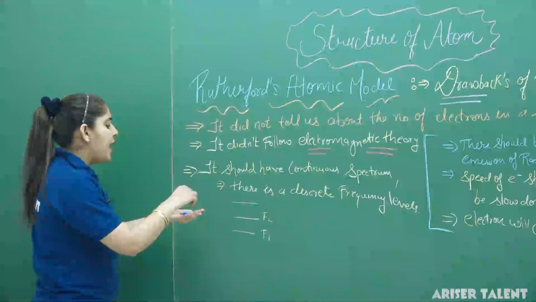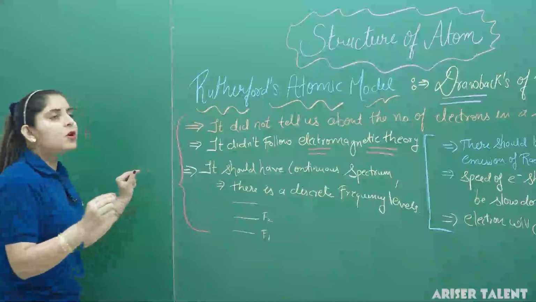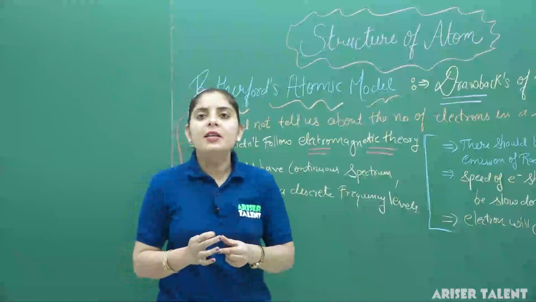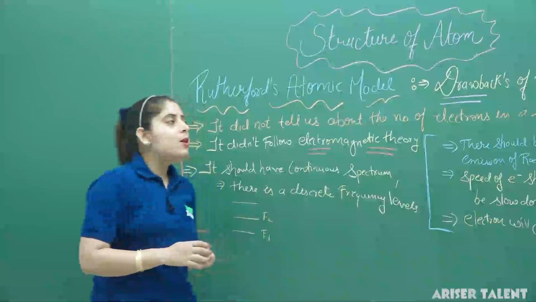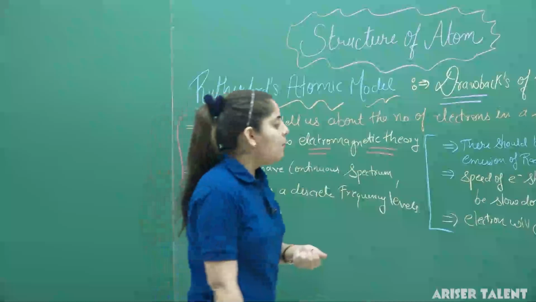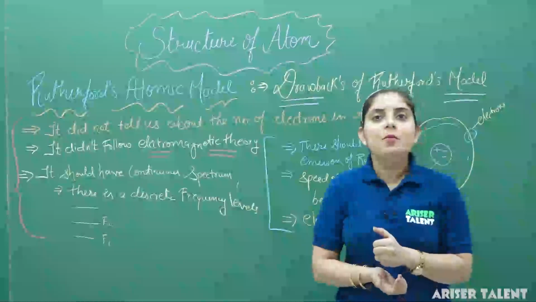So these are the three drawbacks in Rutherford's atomic model, which was discarded, and after that Bohr gave us his model, known as Bohr's atomic model. So that is all about the drawbacks of Rutherford's atomic model. Now we will continue with our fourth and last model, which is Bohr's atomic model.